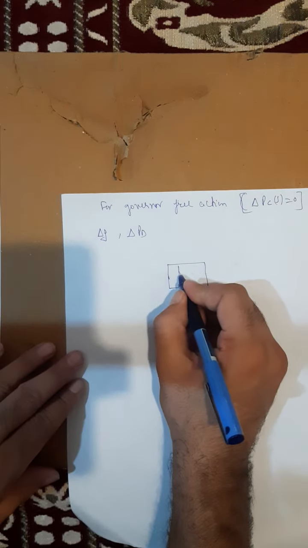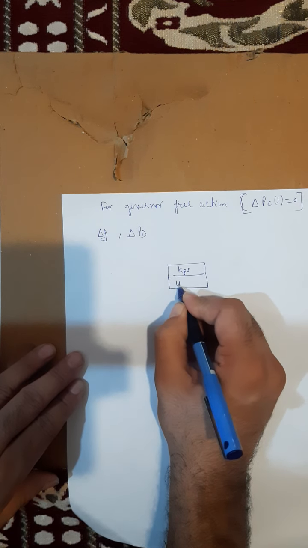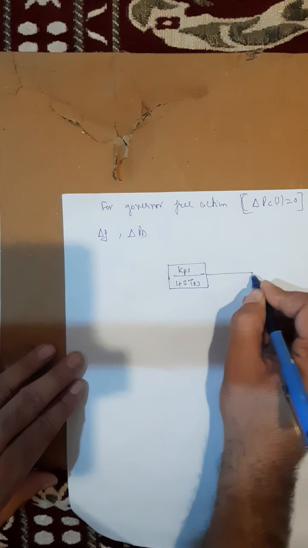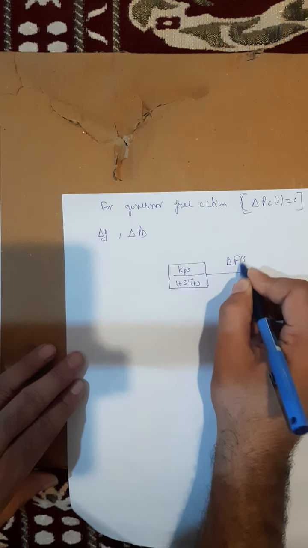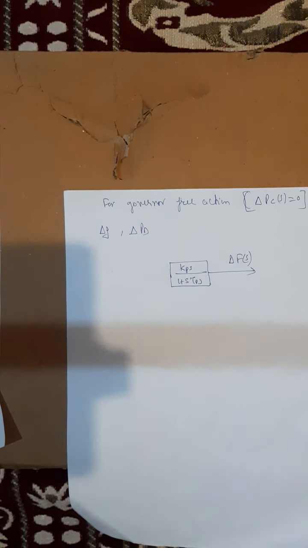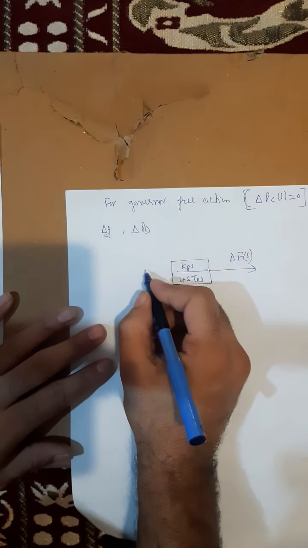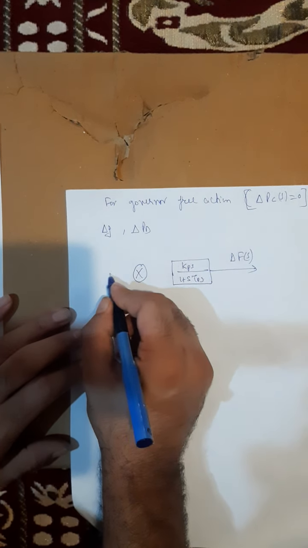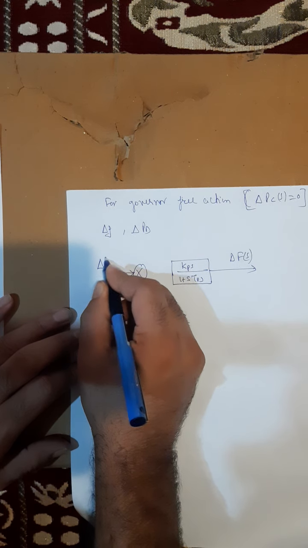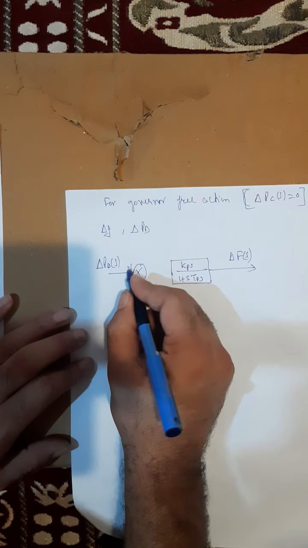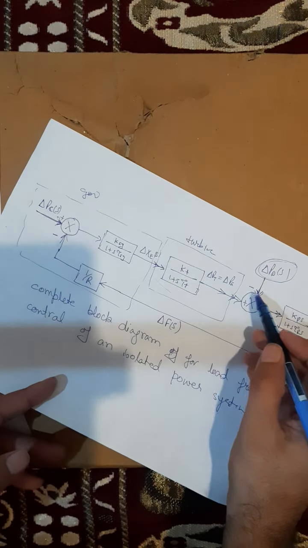This is my Kps upon 1 plus s Tps, and this is the delta fs. So when load demand changes but the speed changer setting is kept constant, this is delta PDS, and this is negative.